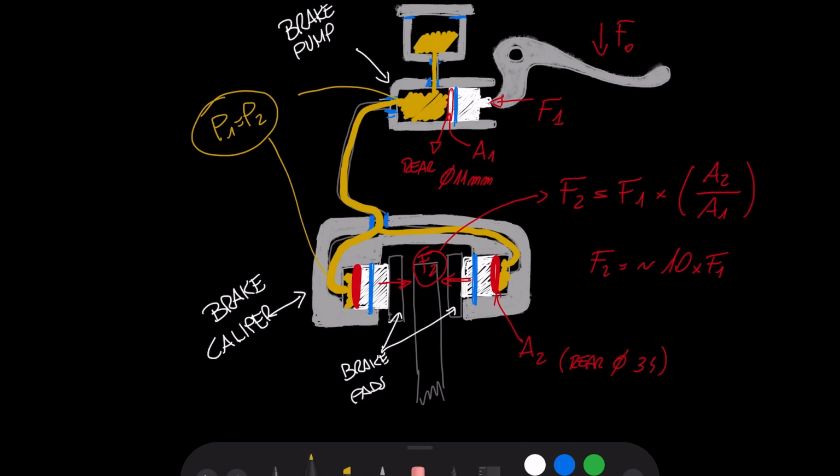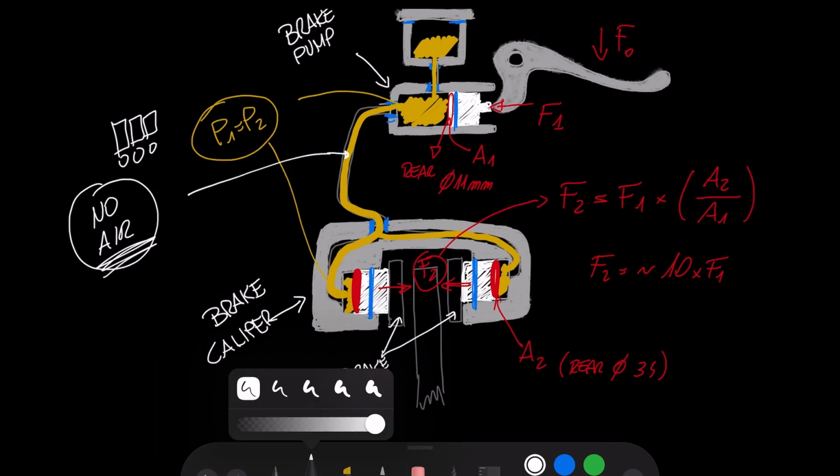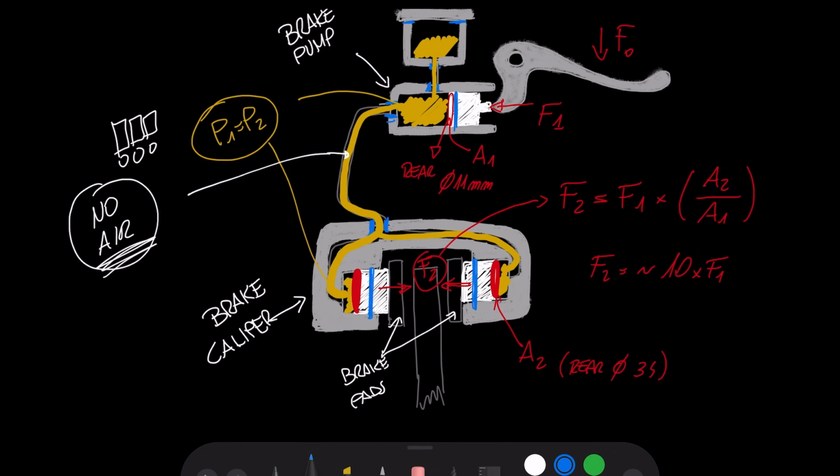But to make it work, we must ensure that the pressure 1 is equal to the pressure 2, and that means we must have a fluid that is not compressible, and that means it must not have any air in it. As there are many moving parts, and as we also have the reservoir tank for filling the fluid, that leads to many seals on the circuit.